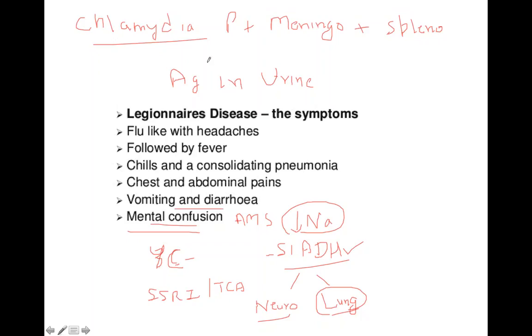Q fever mainly occurs when you are exposed to secretions of pregnant animals. In Q fever also we have pneumonia plus meningoencephalitis and hepatitis. So this way you can remember.